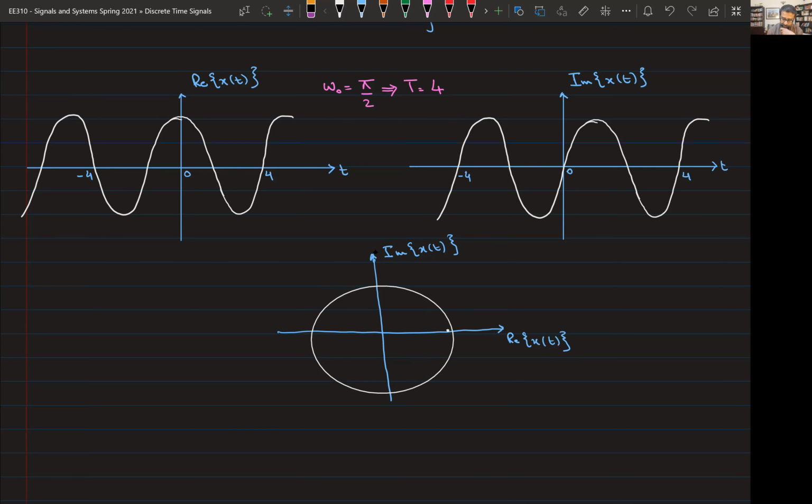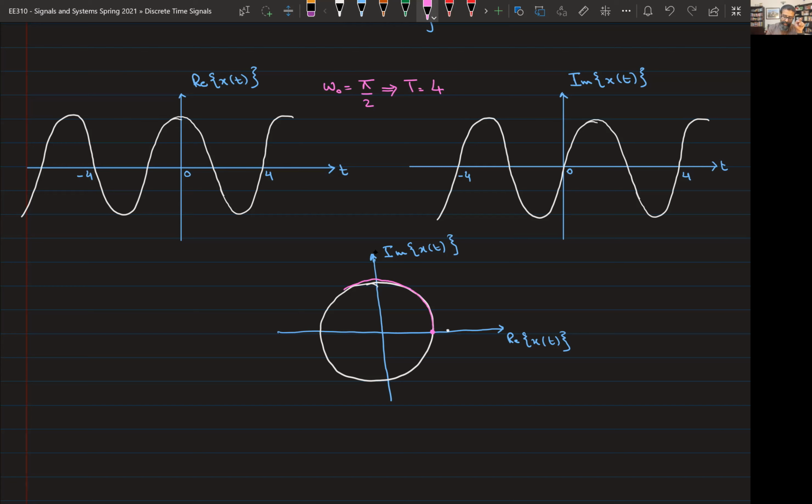I hope it's good enough. Imagine that this is actually a circle. What's actually going on is at time t equals 0, this is where your spiral is. As time increases, if omega naught is positive, this spiral starts moving along this circle.